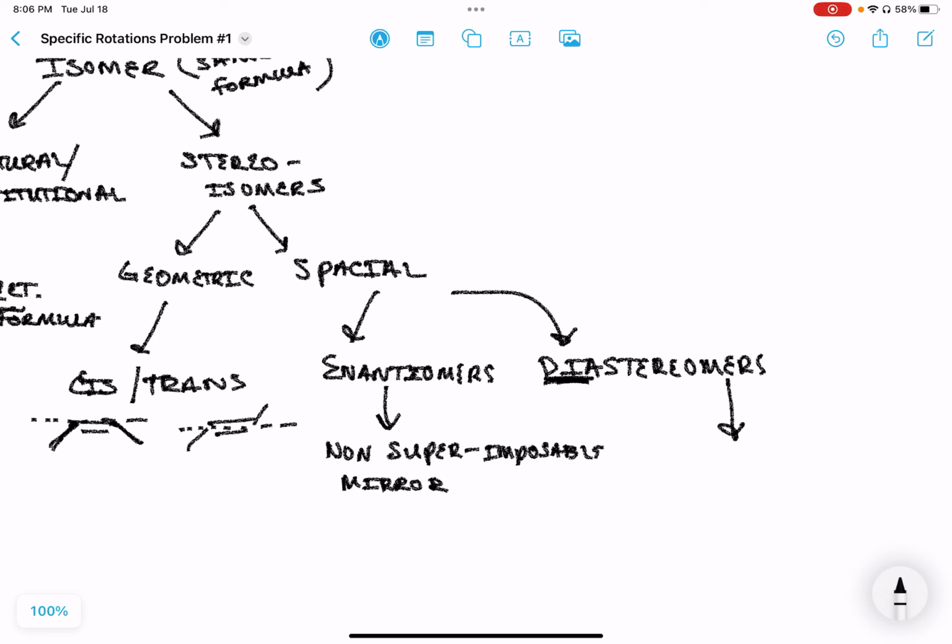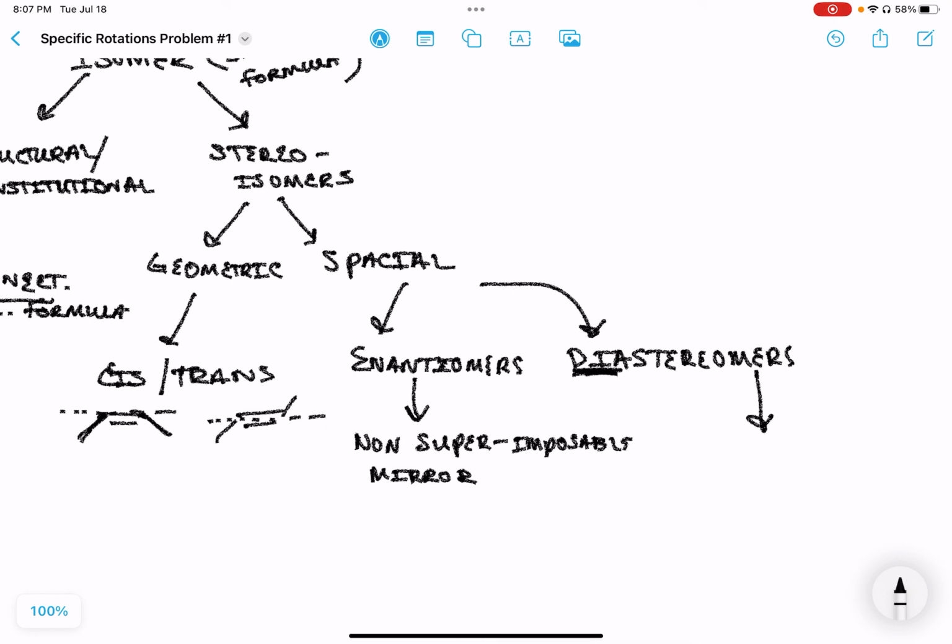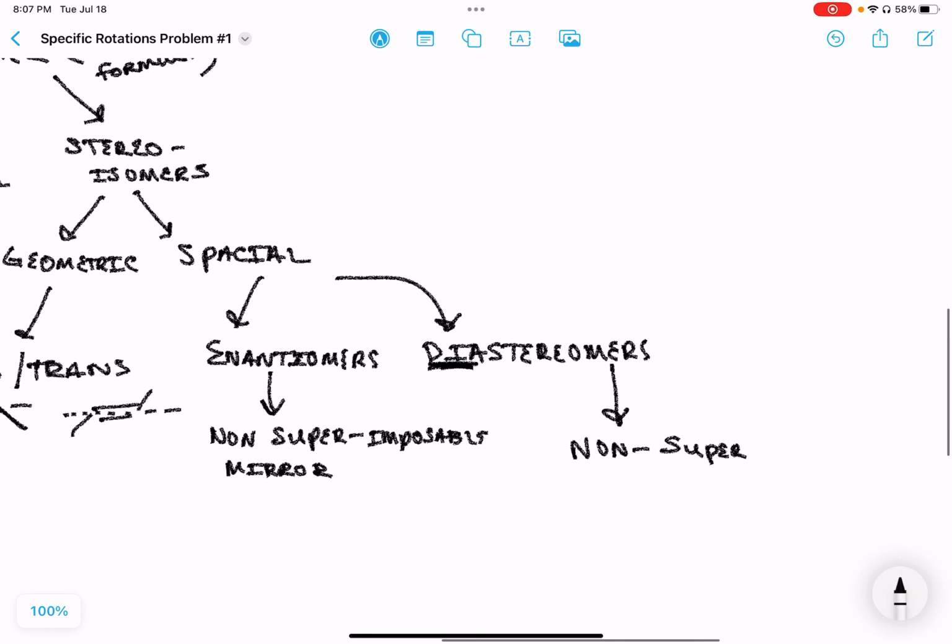But diastereomers have to have multiple stereocenters, where at least one is different and one is the same. Diastereomers are non-superimposable, non-mirror images.